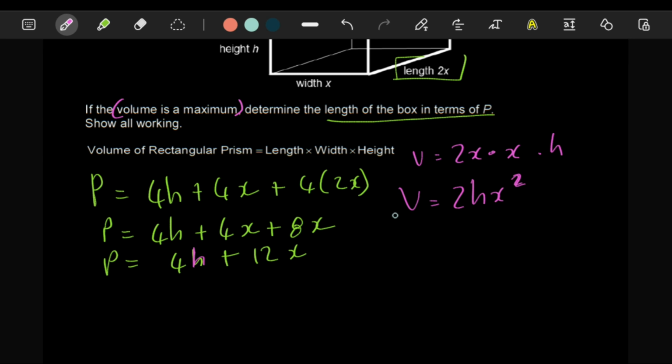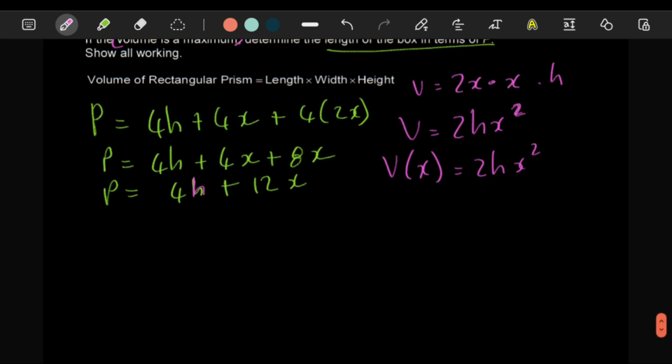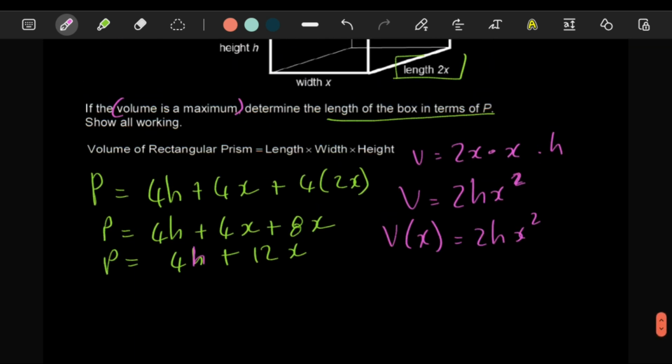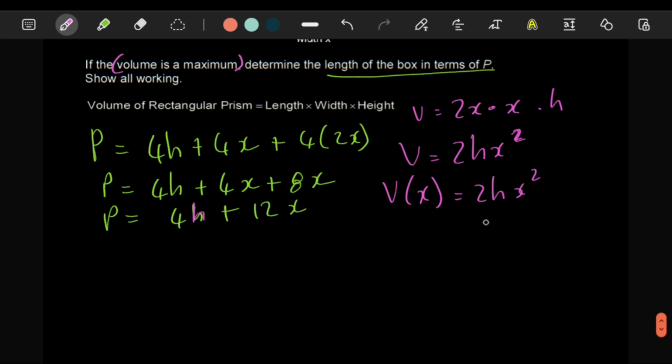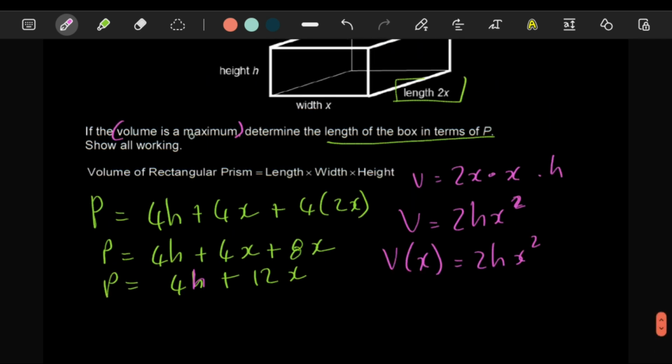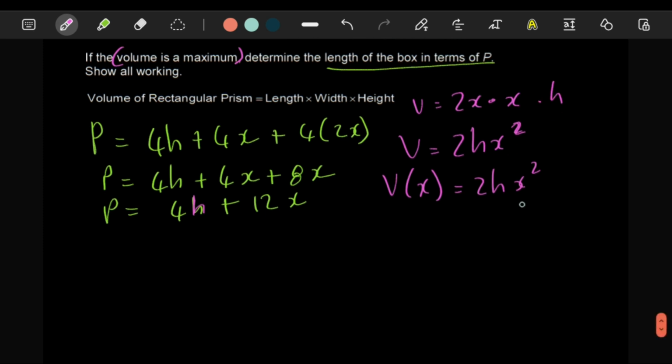So if our volume is in terms of x, and the volume is a maximum, then we need to make the first derivative equal to 0. For us to get the value of x which causes the maximum volume, we have to differentiate and equate to 0.